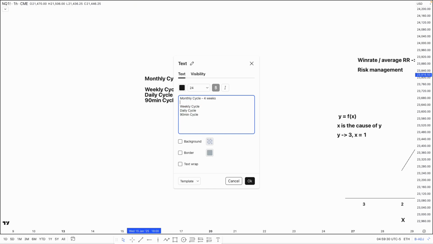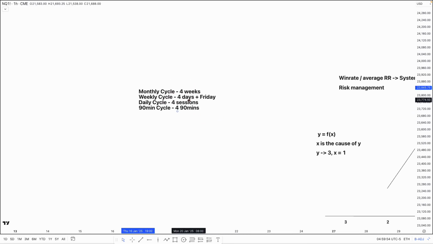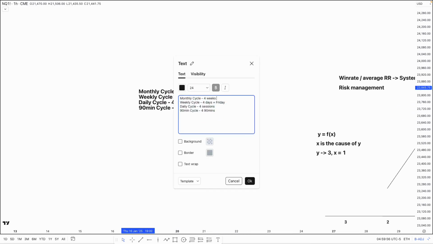The weekly cycle is made up of 4 days plus Friday. The daily cycle is made up of 4 sessions. And the 90-minute cycle is made up of 4 90-minute quarters. Hopefully that makes sense.